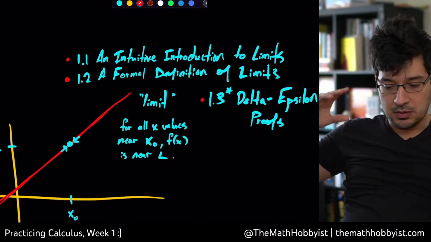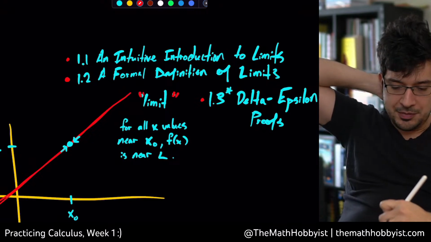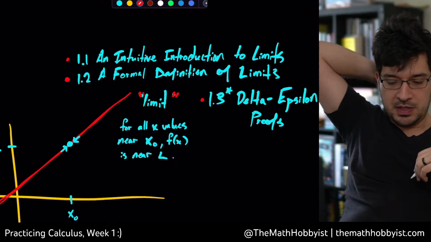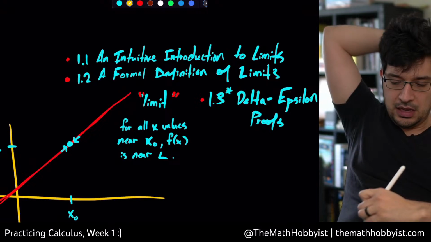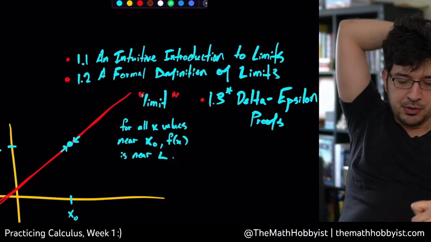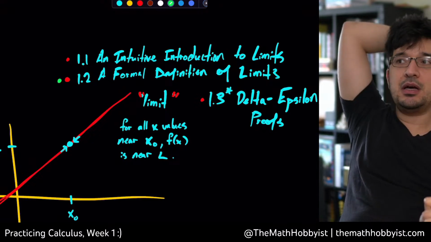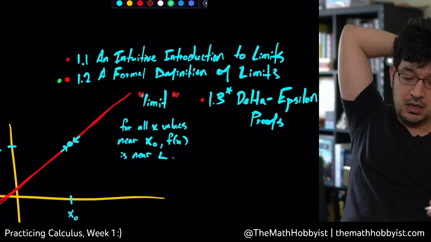We're going to start with the squishy, quote-unquote limit, and then we're going to get to the formal definition, and we'll see an example of a delta epsilon proof. I don't know if I'll do any problems with them, maybe not, but we'll at least see what an epsilon delta proof looks like.